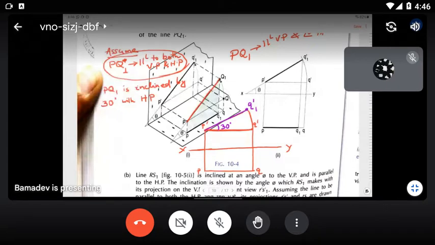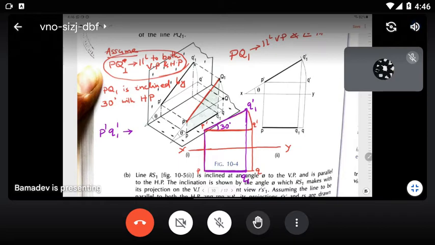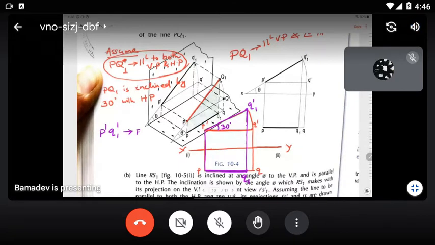Now draw a projection from Q1 dash. Now P dash Q1 dash becomes the true front view, and P Q1 is the actual top view.